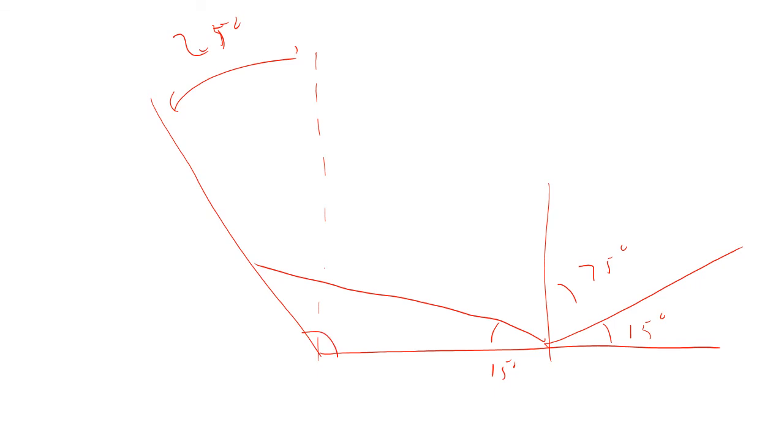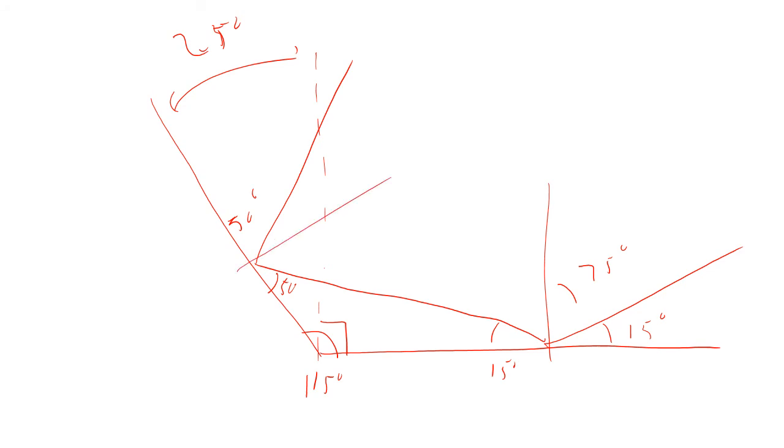So this angle right here, that's 90 degrees. So 90 plus 25 is 115 degrees. So that means that this angle right there is going to be 50 degrees. Okay. So that means it reflects off at an angle of 50 degrees right there.